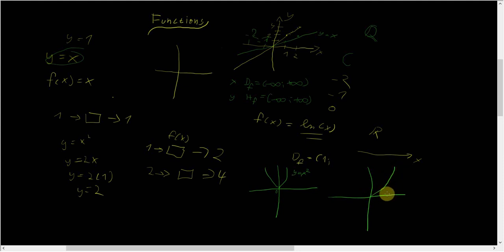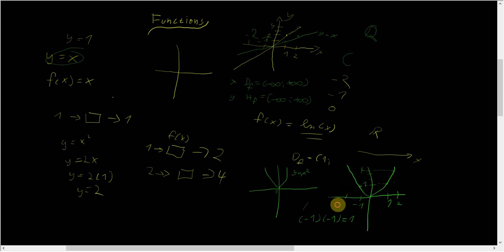So, when I input the value 1, I get 1 squared. If I input the value 2, I get 2 squared, which is 4. And if you notice, if I input the x value -1, -1 squared is -1 times -1, which is 1.